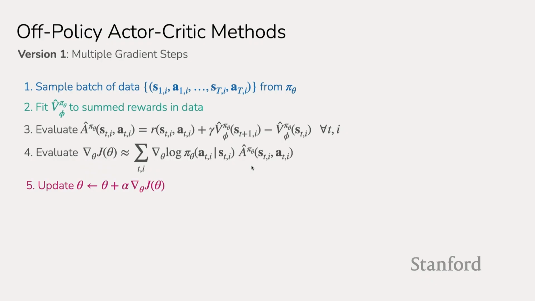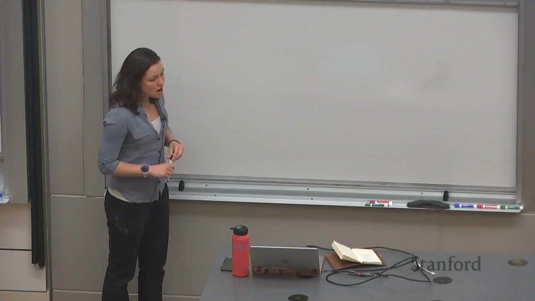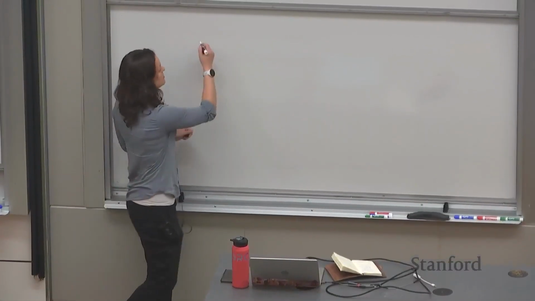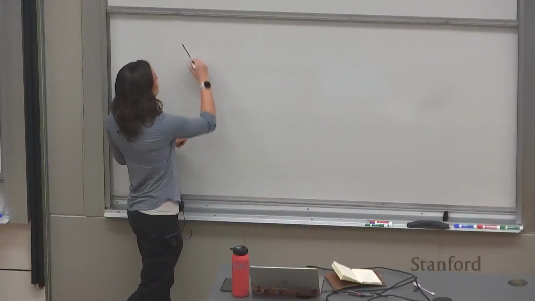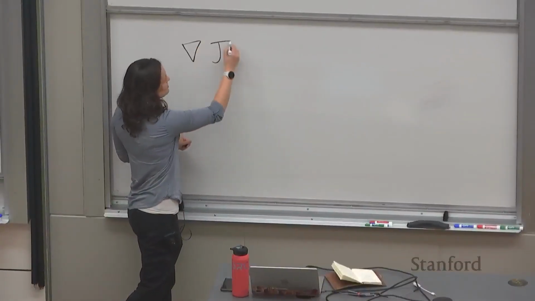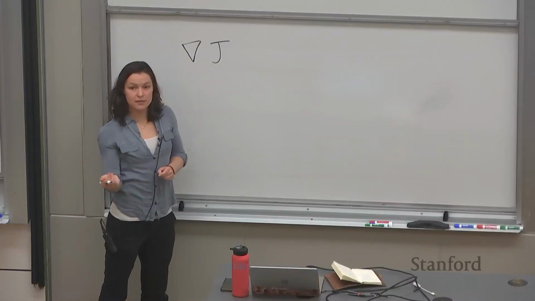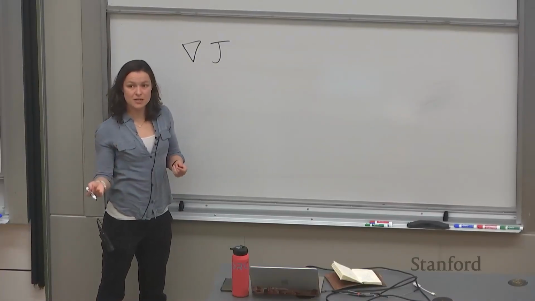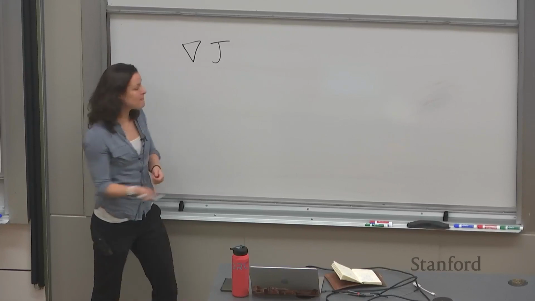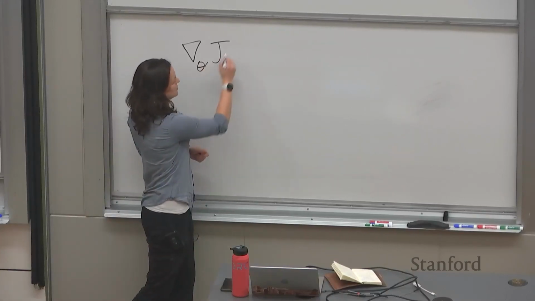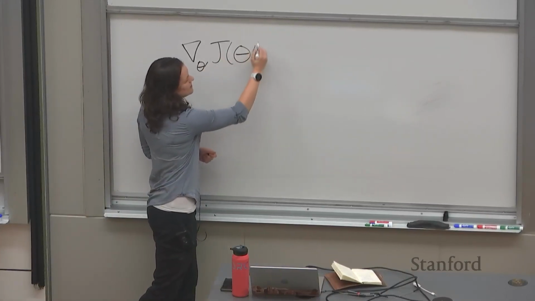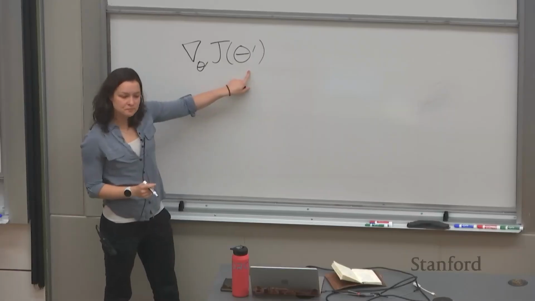And so what we're going to do is use importance weights, which we saw in the policy gradient lecture. So our new gradient is going to look a little bit different. Say that we collected data with pi theta. Now we've taken a gradient step and we have pi theta prime. So we want to be able to evaluate the gradient of the objective at theta prime.